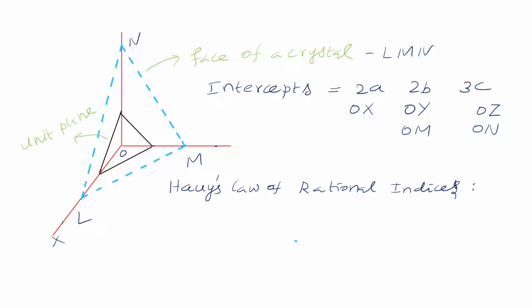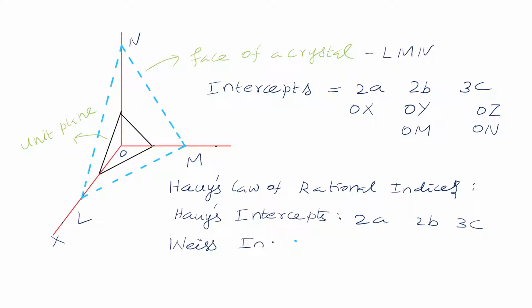As per this, we will say Weiss intercepts. The Weiss intercepts are nothing but the face of a crystal intercepts, that is 2a, 2b, 3c. It is the Weiss intercepts. Next we will see Weiss indices.